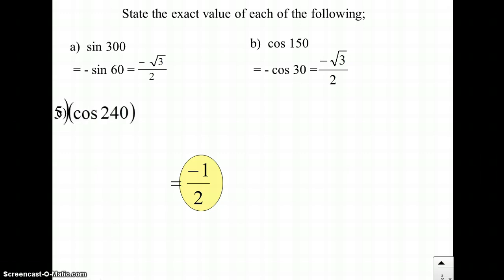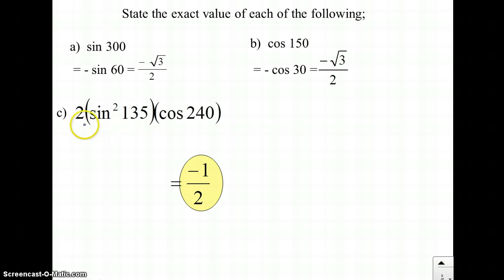If we get a little more complicated, 2 times the sine of 135 squared times the cosine of 240. So let's rewrite the same thing as we've been doing, and then we'll do the operations on the ratios. So the sine of 135, well, a 135 degree angle has a reference angle of 45 degrees. And in quadrant 2, where 135 is, sine is still positive.